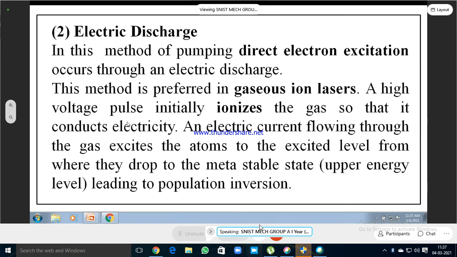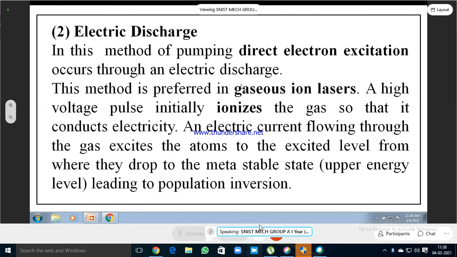Metastable state means a long lifetime state, where they can stay for about 10 to the power of minus 3 seconds, that is, milliseconds. Within that time, a triggered photon will trigger the atoms, and finally the same type of photons will be generated, leading to the population inversion process.